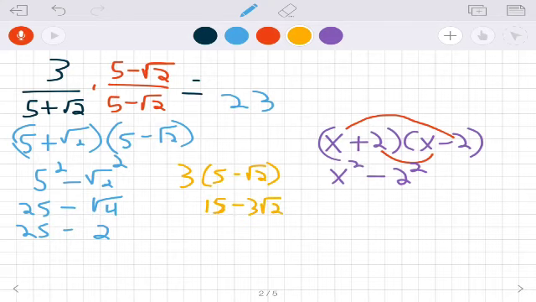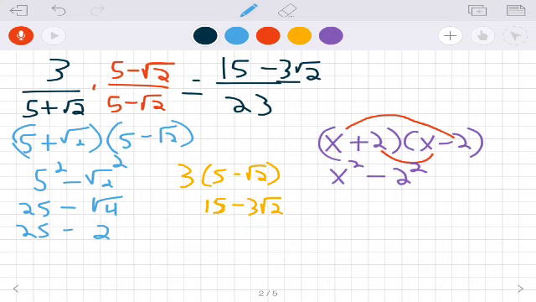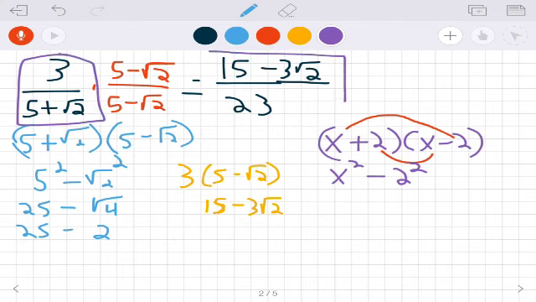So our denominator is 23, and our numerator is 15 minus 3 square roots of 2. And that's it. Now, this is what it looks like simplified, which is why this is pants-on-fire crazy, because we've taken this, which looks nice and pretty simple, and simplified it into this. But it's important to realize what we did.